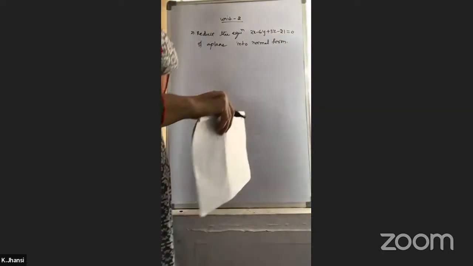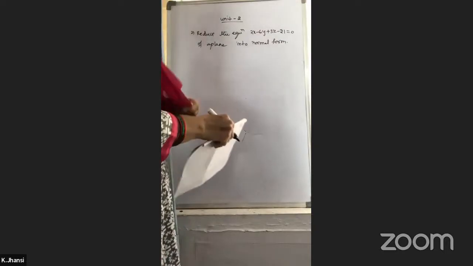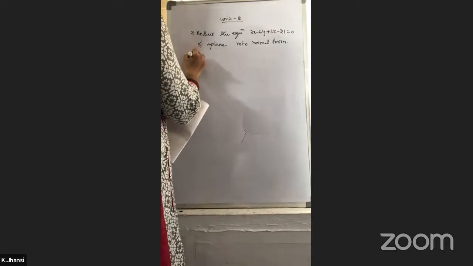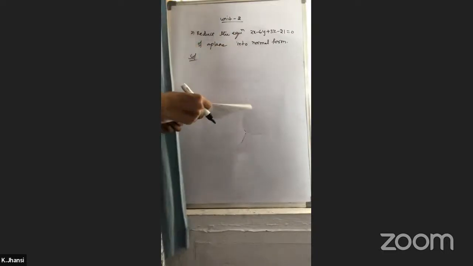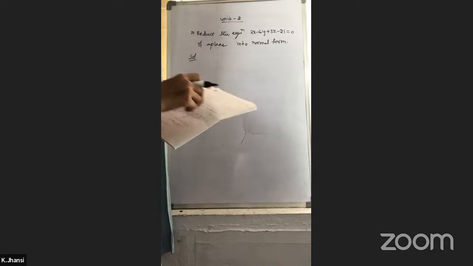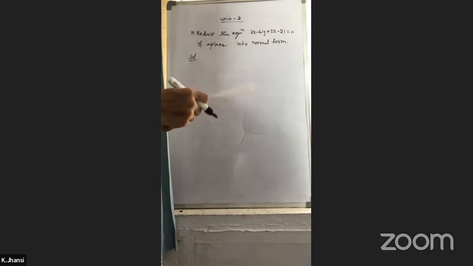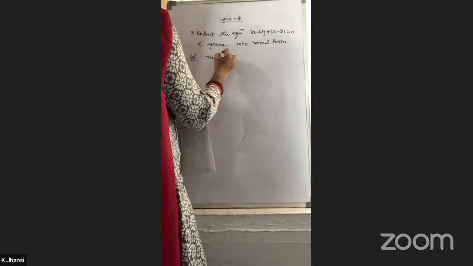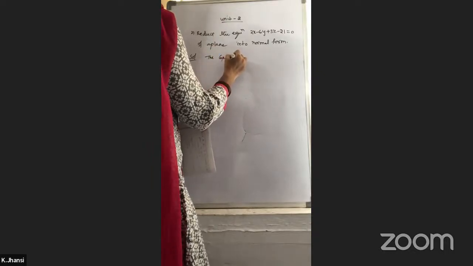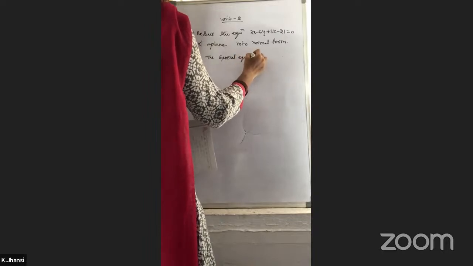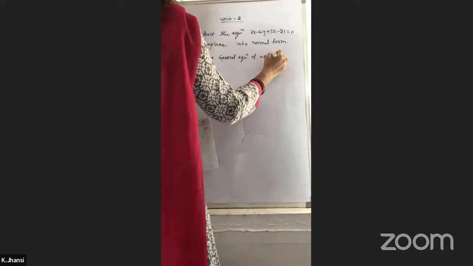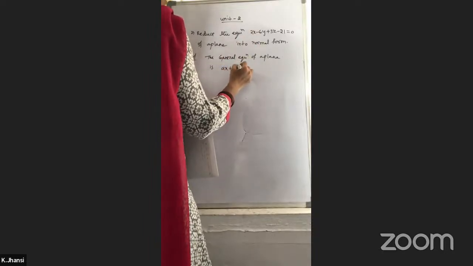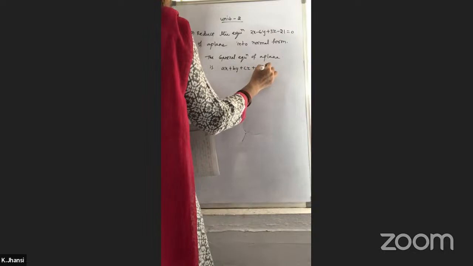The formula and procedure for this we have seen last week. First, the general equation of a plane is in the form ax plus by plus cz plus d equals 0.